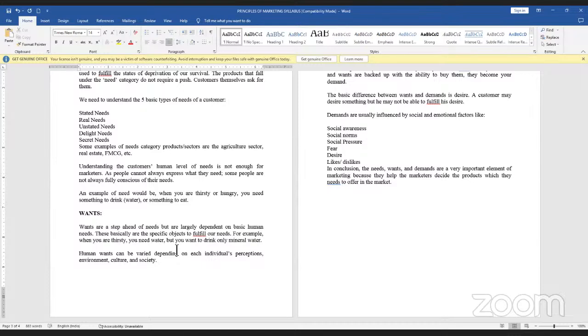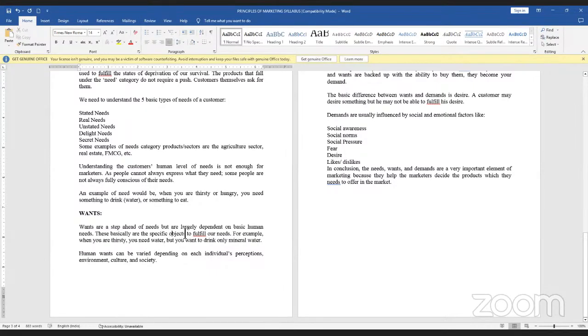See, my need is, I'm feeling thirsty. My need is water. So when I'm feeling thirsty, whoever gives water in whatever condition, I should drink, right? But if I say, no, I want only mineral water or I want only Bisleri water, that is my want.